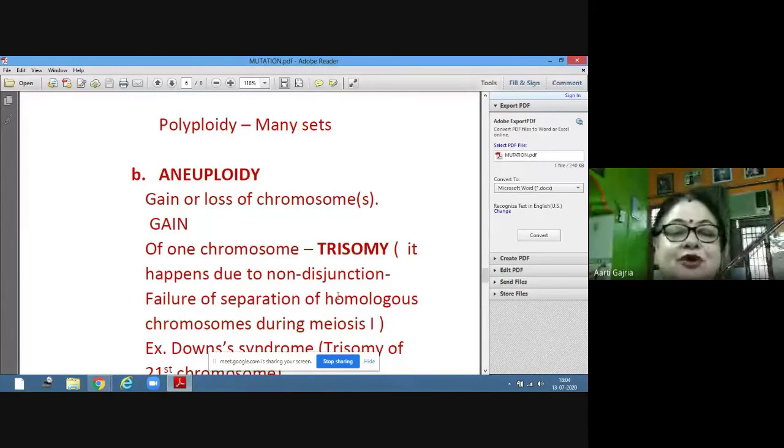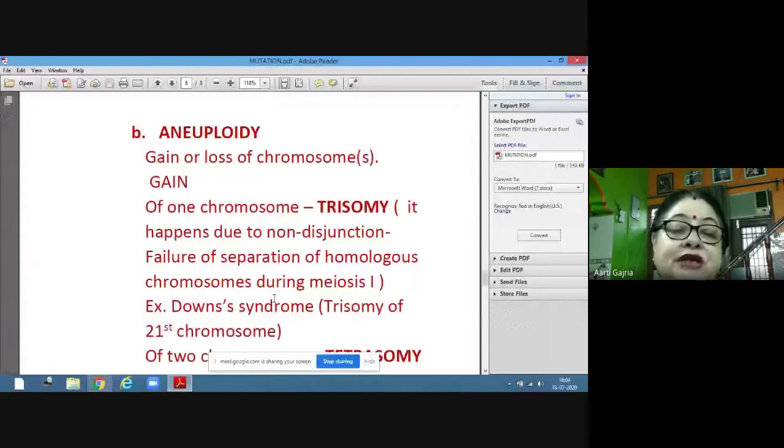This process is called non-disjunction. This is failure of separation of homologous chromosomes during meiosis 1. And the classic example of this is Down syndrome. Down syndrome is a disorder in human beings, with mental retardation, which is due to the trisomy of the 21st chromosome.